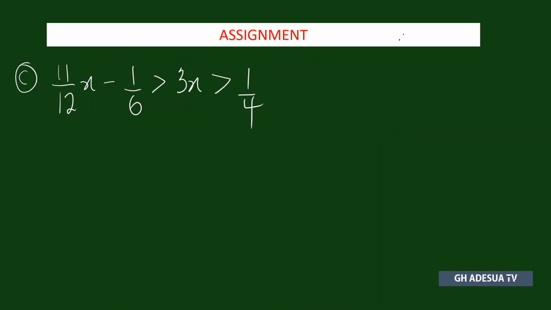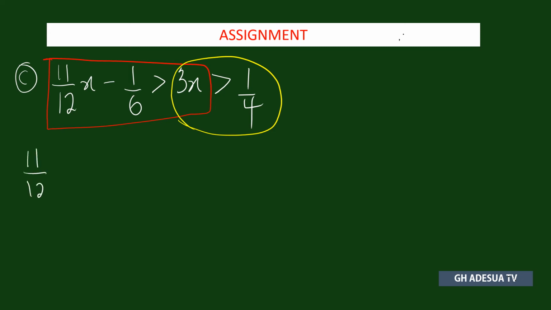Now our final question. So as usual, we break it into the two halves. So we have this half and we have that half. So let's look at the left half. So we have 11 over 12x minus 1 over 6 is greater than 3x. So outrightly you realize that you need to clear the denominators by multiplying through by 12.